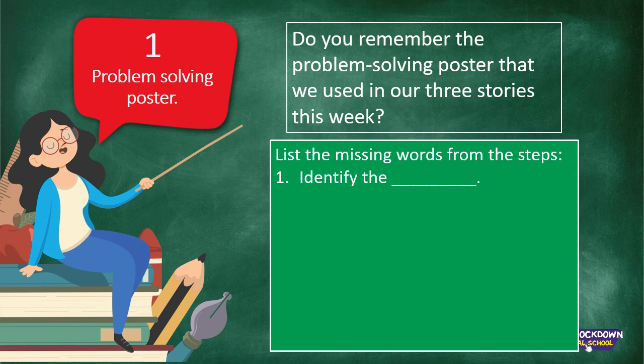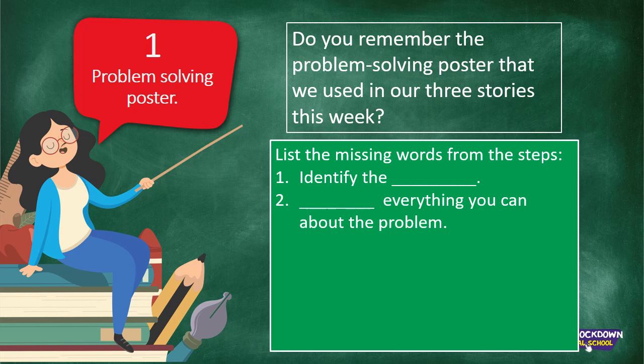So, first of all, when you've got a problem, you have to identify the what? Identify the something. Write it down. Number 2. What you have to do next is something everything you can about the problem. It could be 1 or 2 or even 3 words.